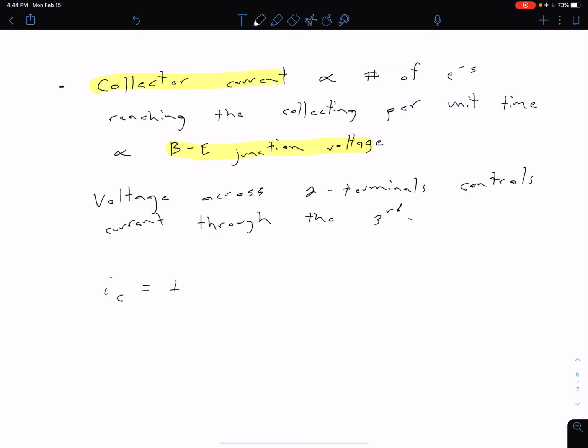We can say this is equal to some reverse saturation current I sub S times e to the VBE divided by VT. Again, VT is our thermal voltage and VBE is our base emitter voltage.